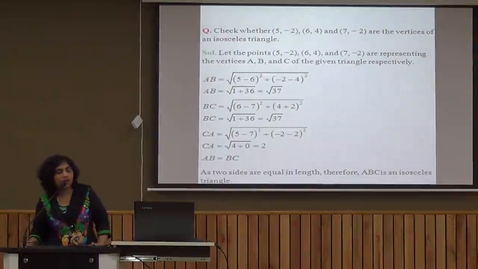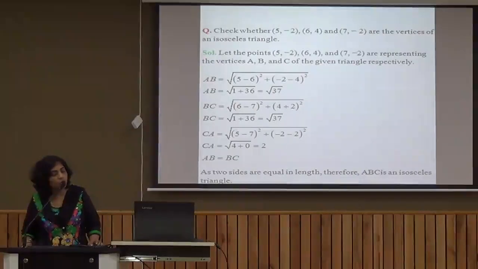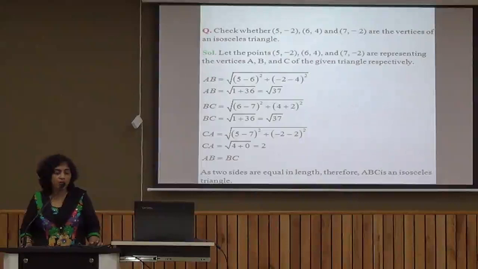When we calculate AB, we get (5 minus 6) whole square plus (minus 2 minus 4) whole square, whole under root, as square root 37. BC is (6 minus 7) whole square plus (4 plus 2) whole square, again square root 37, and AC is (5 minus 7) whole square plus (minus 2 minus minus 2) whole square, under root, we get square root of 4 is equal to 2.